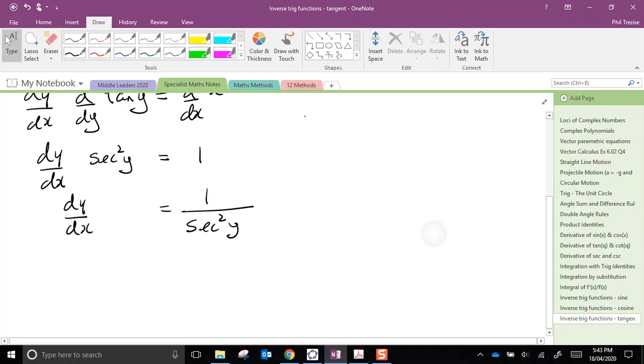Now the Pythagorean Theorem, remember it's cos squared y plus sine squared y equals 1, but that's not much use to me because I have sec squared. So remember sec was 1 divided by cosine. So what if I divide everything by cos squared y?